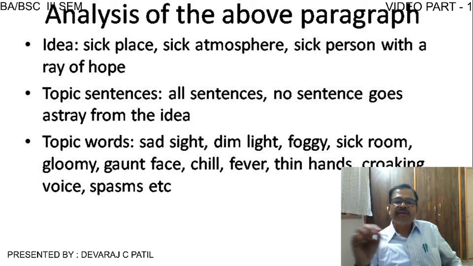So every sentence has one or the other word in it that is directly connected with the idea. So that's what we say: tonic words should be used, and topic sentences should be used, and they should be arranged in a coherent manner, so that every sentence has some connection, either notionally or linguistically. So that is how the paragraph is a successful one.